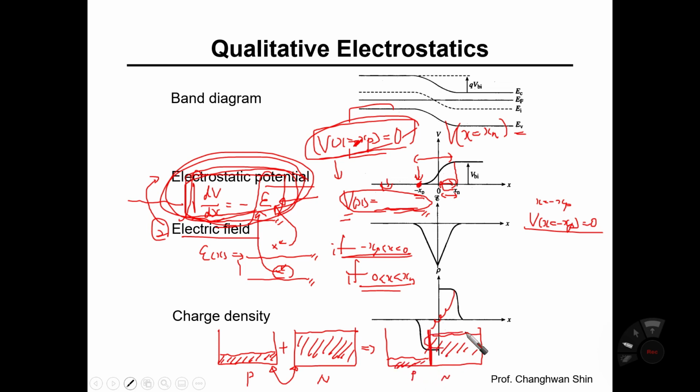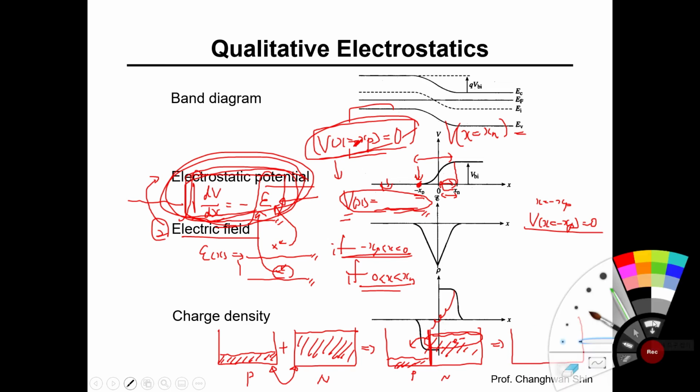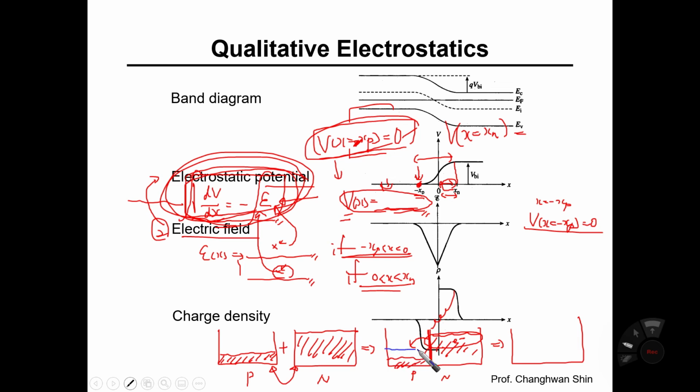Yes, many electrons or water droplets would fall into the p-type dish. So in the end, let me write down here together. The final shape of the P plus N dish is this, and the waters are evenly balanced out across the PN diode. Okay.